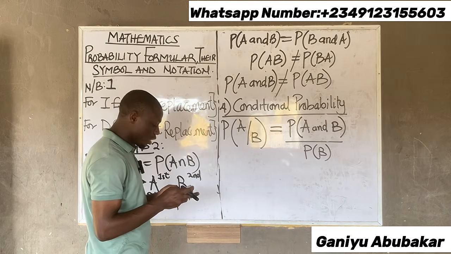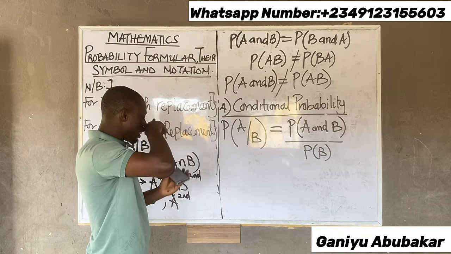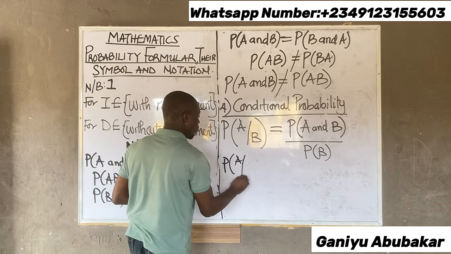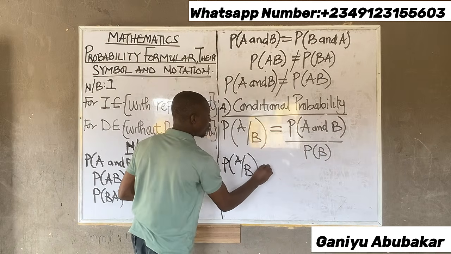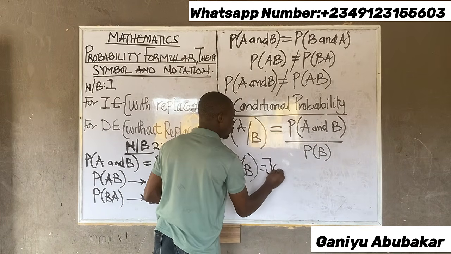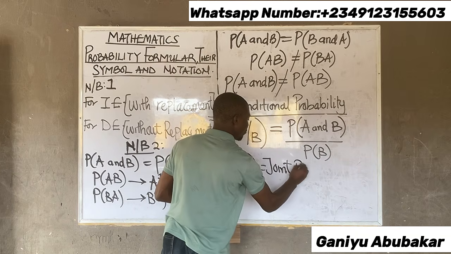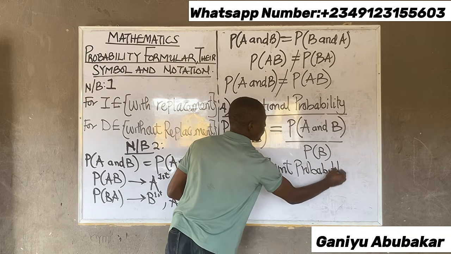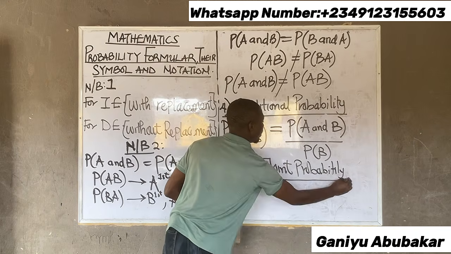This is conditional probability, and if you check it properly, you see that the probability of event A will occur, given B has already occurred, is equal to this. This one here reminds you of something, which is the joint probability. What about this one?